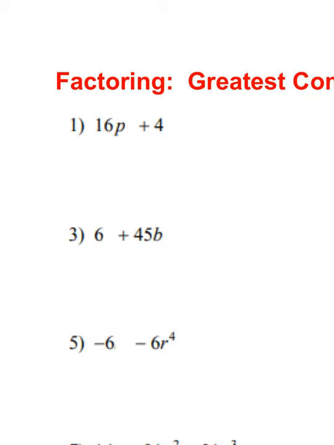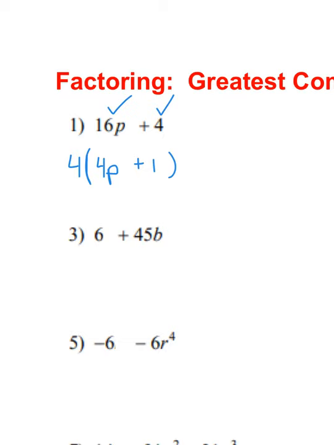Both these numbers can be divided by 4. So what we do is we take out or we unmultiply by the 4, and then we open a parentheses. So 4 multiplied by what would get me back to 16p? Well, 4 times 4p would make 16p.